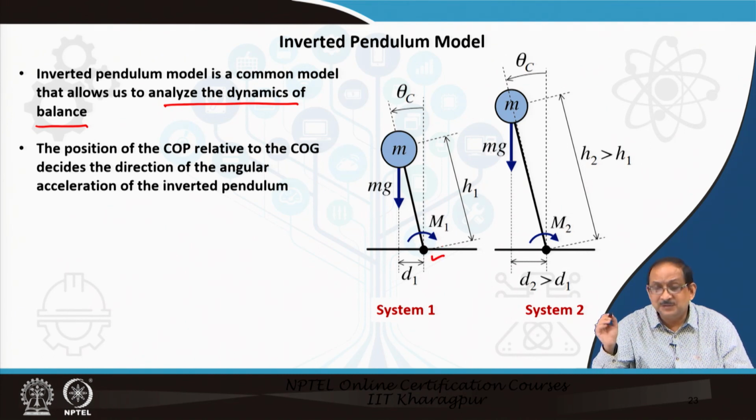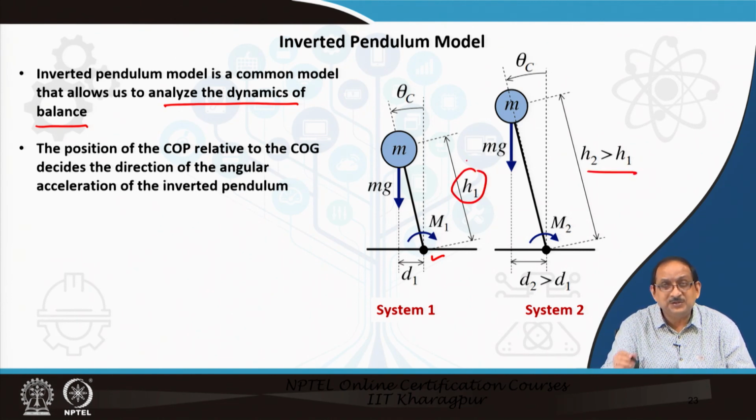The other mass has the height of the COG greater than the first system, H1. Both the masses are the same and both the systems presented here have the same theta c in the configuration.